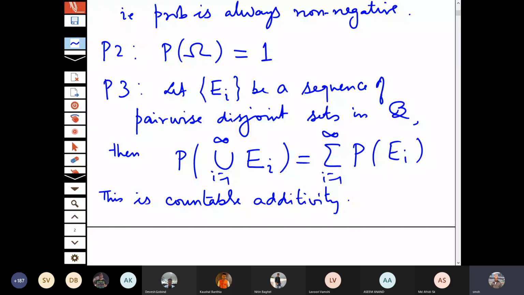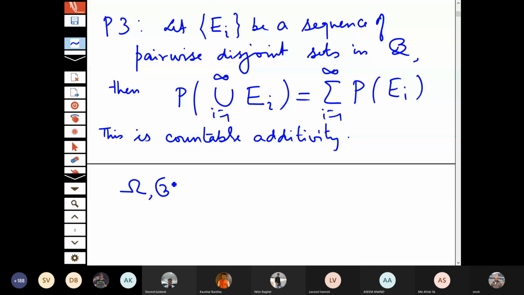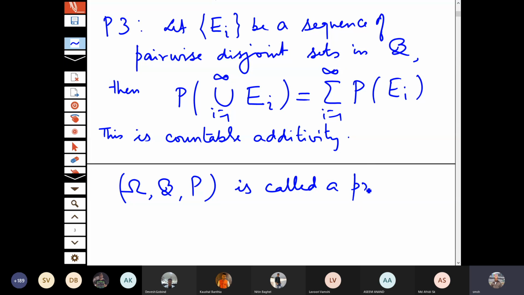Okay, so now I have three entities, omega, B, and P. So this is called a probability space.